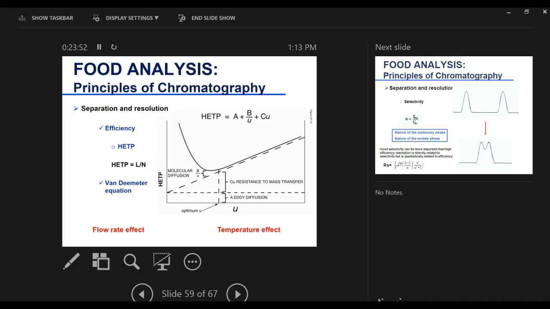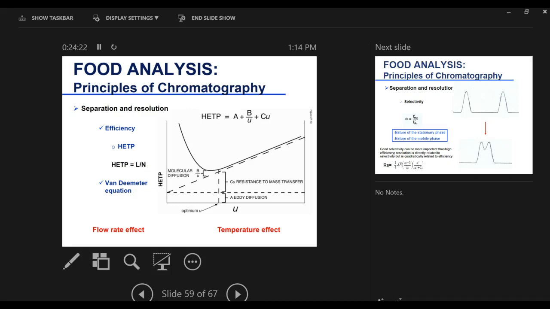And we call it height equivalent of a theoretical plate. Okay? So it's the length of the column divided by the number of theoretical plates. So the more theoretical plates I have, the shorter the height equivalent of theoretical plate. So the shorter the height equivalent of theoretical plate, the better my resolution.